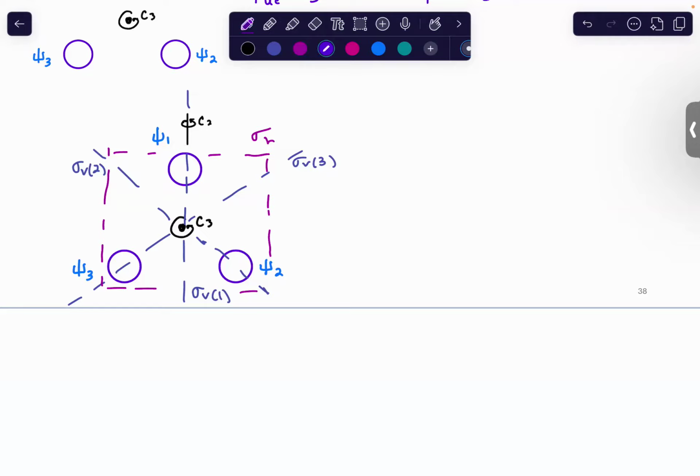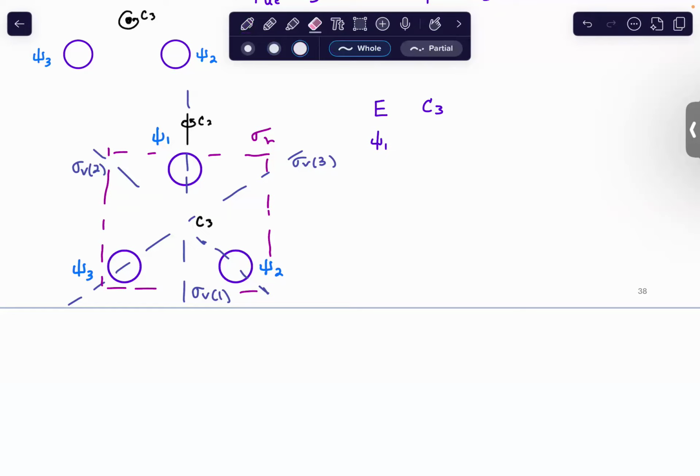Okay, so let's start looking at what happens to psi 1 as we use each one of these. For E, psi 1 stays psi 1. For C3, I have the C3 drawn that way.